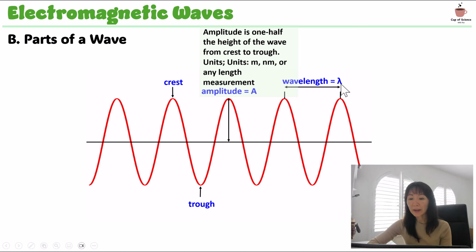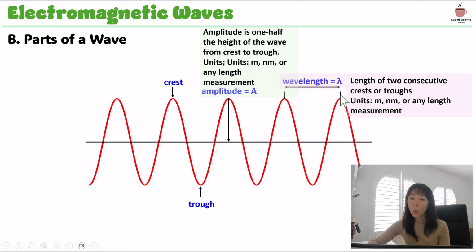Now, what is wavelength? Wavelength is represented by a symbol called lambda. You see this little lambda sign here, and that is the measurement from crest to the consecutive crest, or from trough to trough. That wavelength measurement is also measured in meters, very often nanometers, or any length measurement.